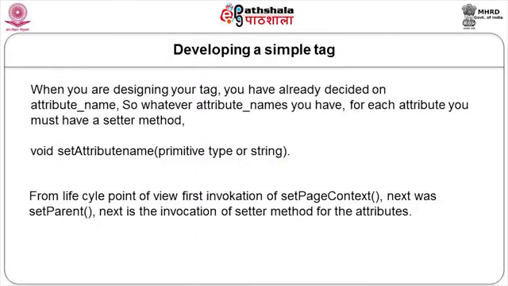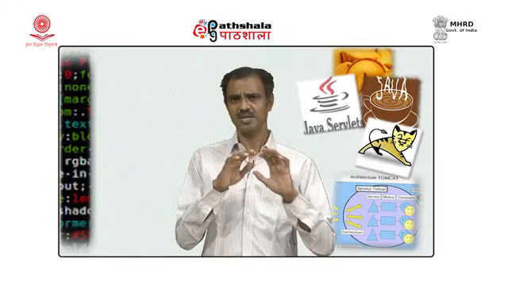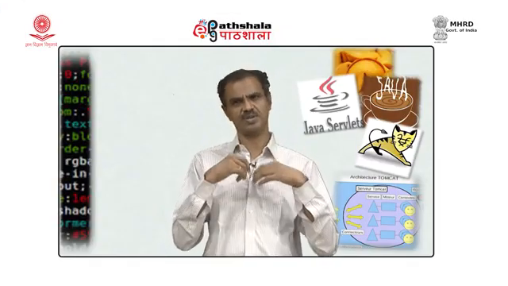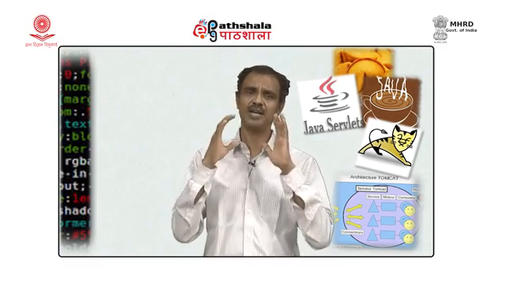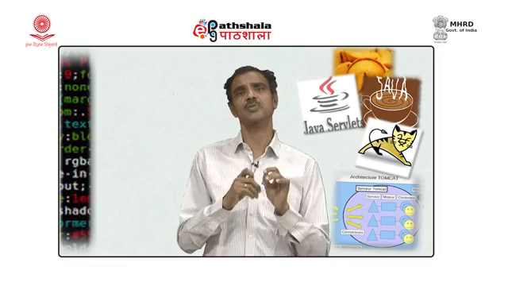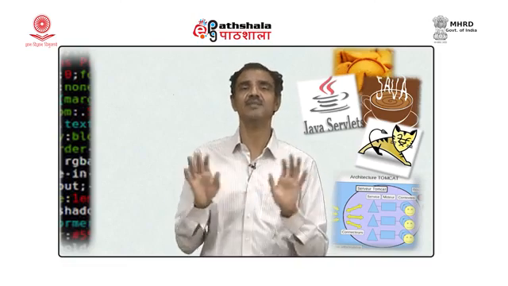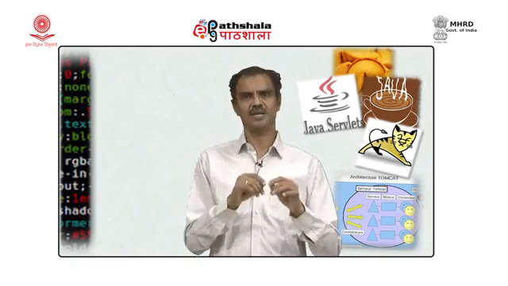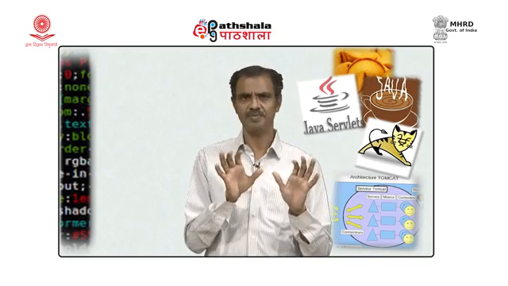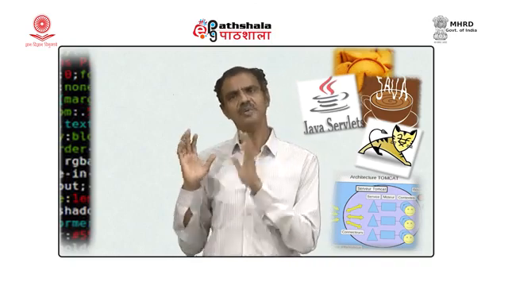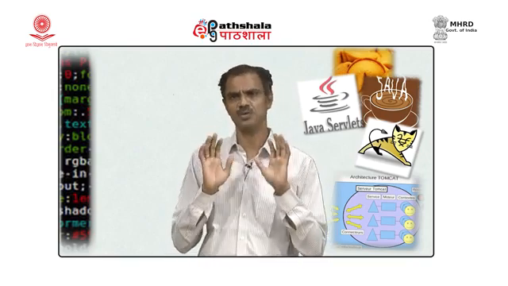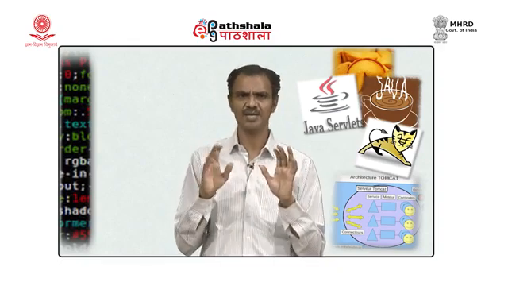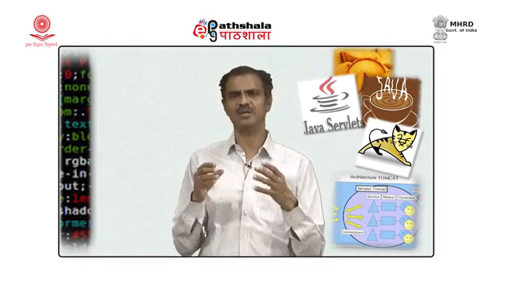When you are designing your tag, you have already decided on attribute names. For each attribute you must have a setter method, set and the attribute name, and the parameter can be any of the primitive types, or it can be a string. It depends on how you have designed your tag, and what the need of that particular attribute is.